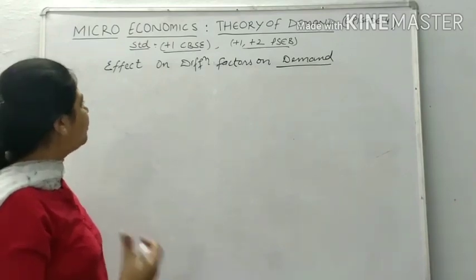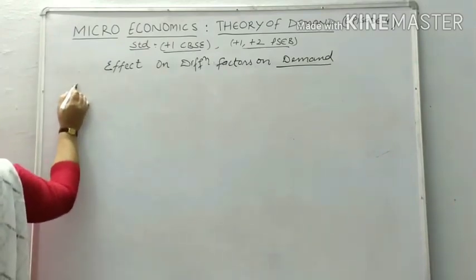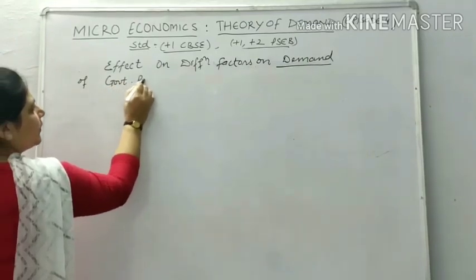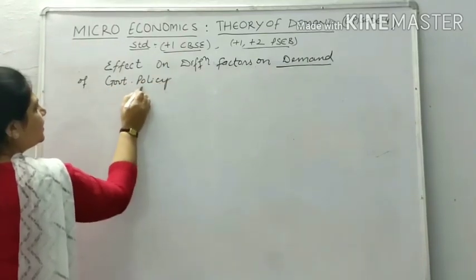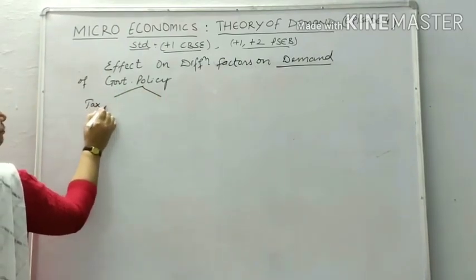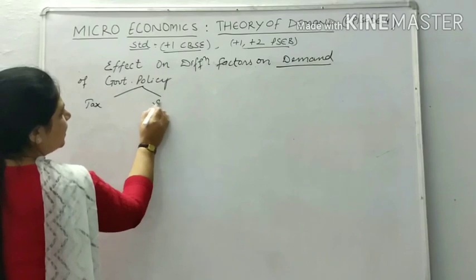I am going to take an example of government policy. Students, government policy consists of two parts, that is tax imposed and subsidy given.